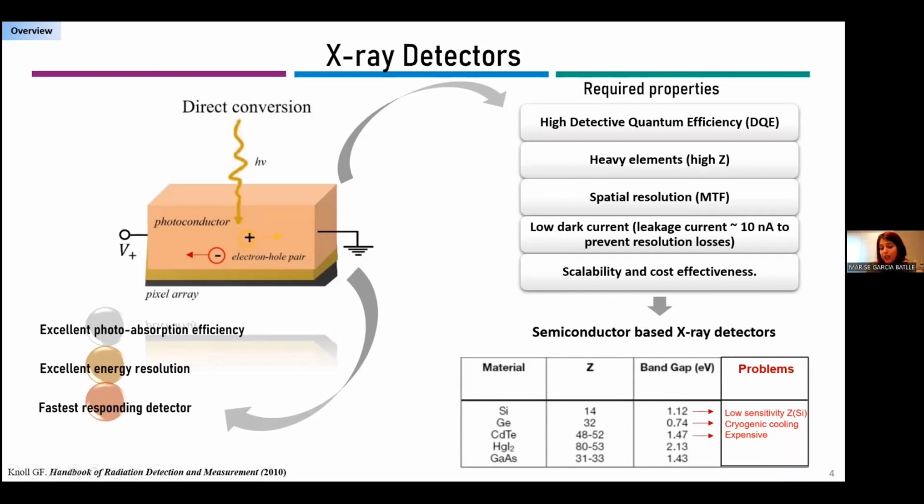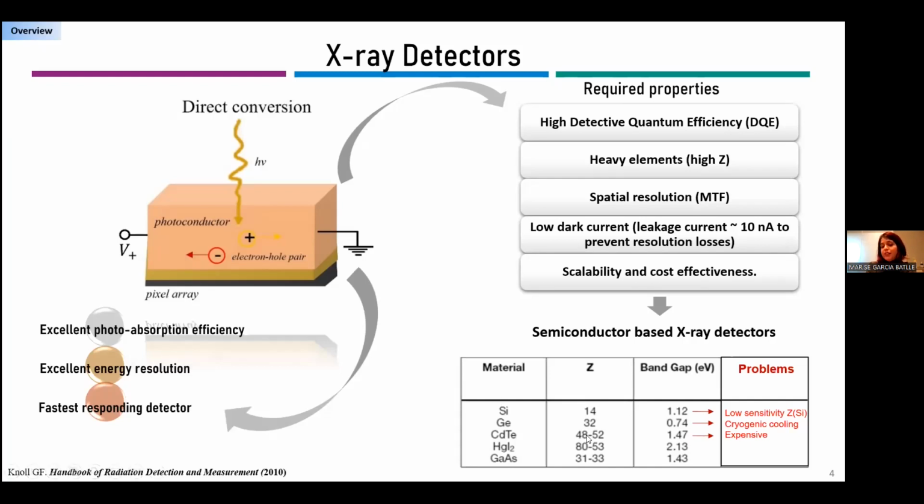Then germanium, which is the gold standard for X-ray detectors, has the problem of the band gap, which generates thermal noise, and sometimes we need to use nitrogen and a cryogenic cooling system in order to use germanium-based X-ray detectors.